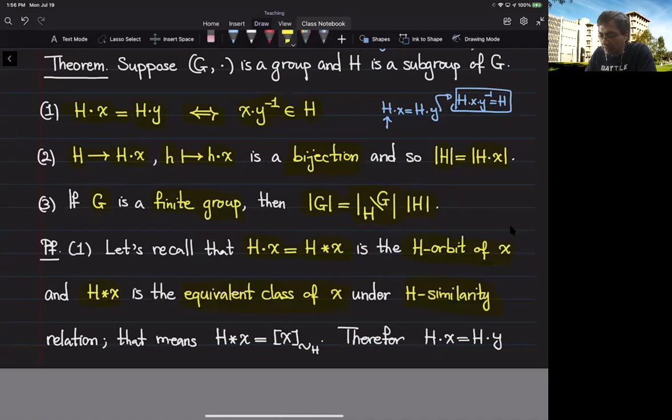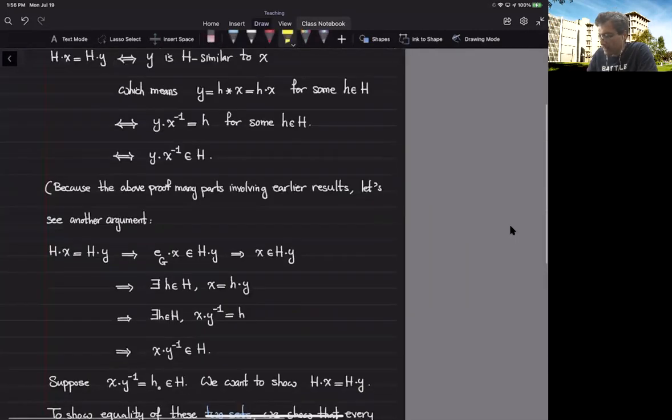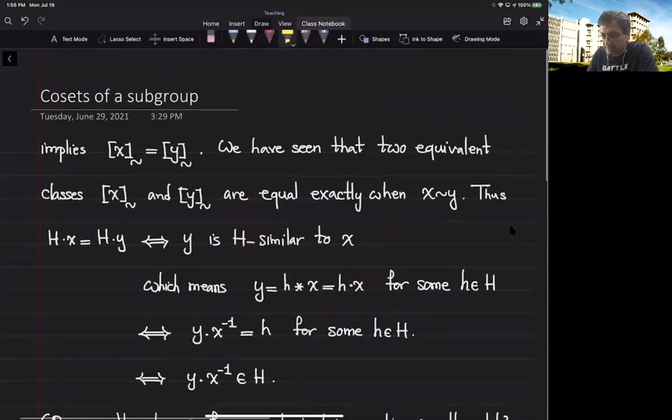So this equality means that the equivalence class of X under H similarity is the same as the equivalence class of Y under H similarity.